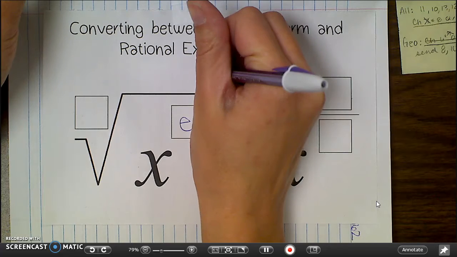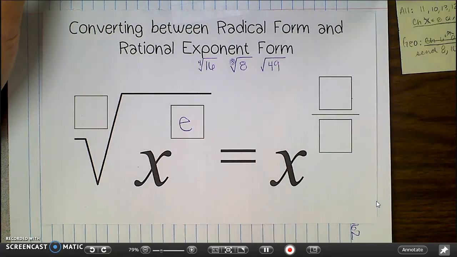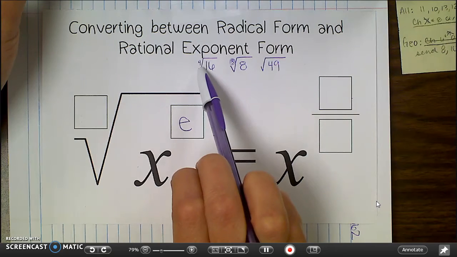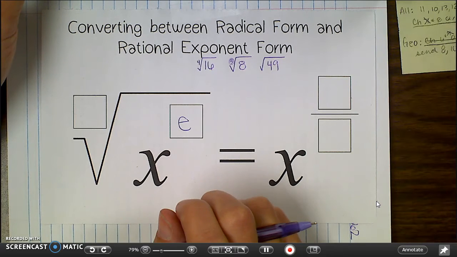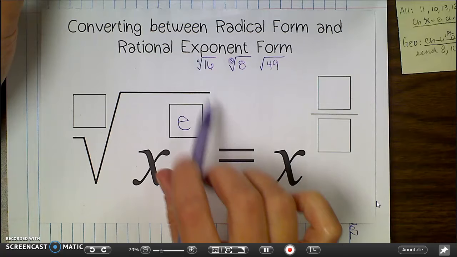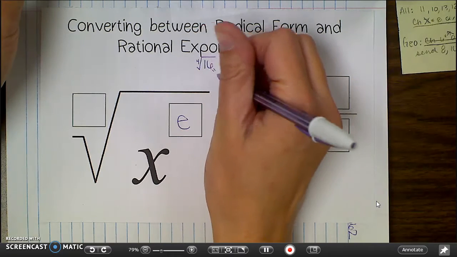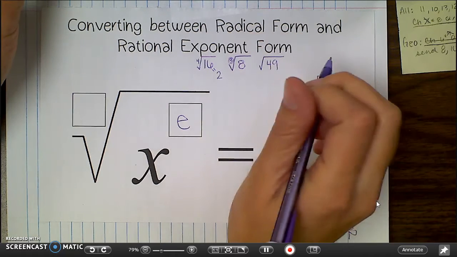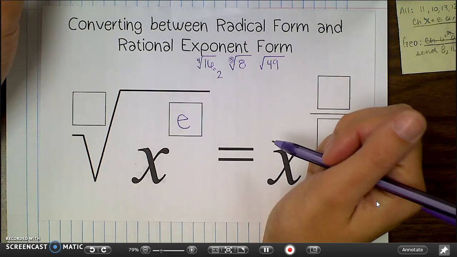So if I had something like that, hopefully you understand now that that would mean I need 4 of some number. And so I'd be thinking 4 of what number would get me 16? Hopefully you can think, oh, that's 2. Because 2 times 2 times 2 times 2 is 16.